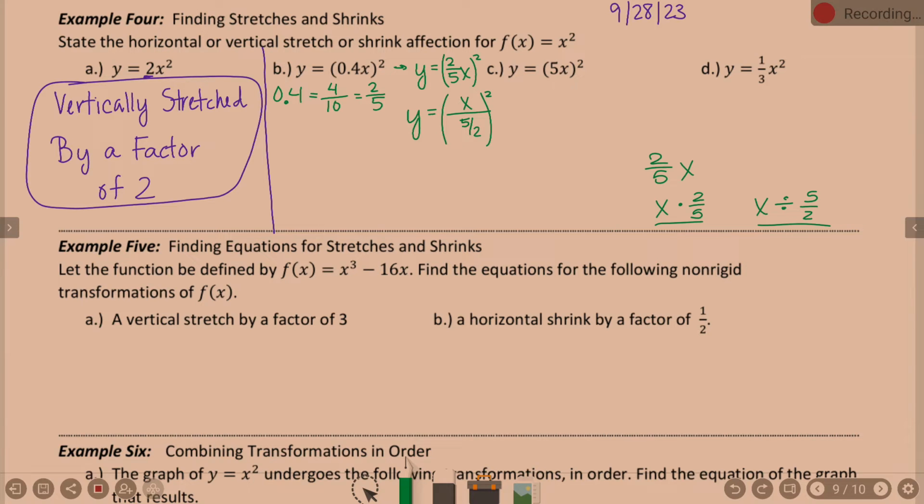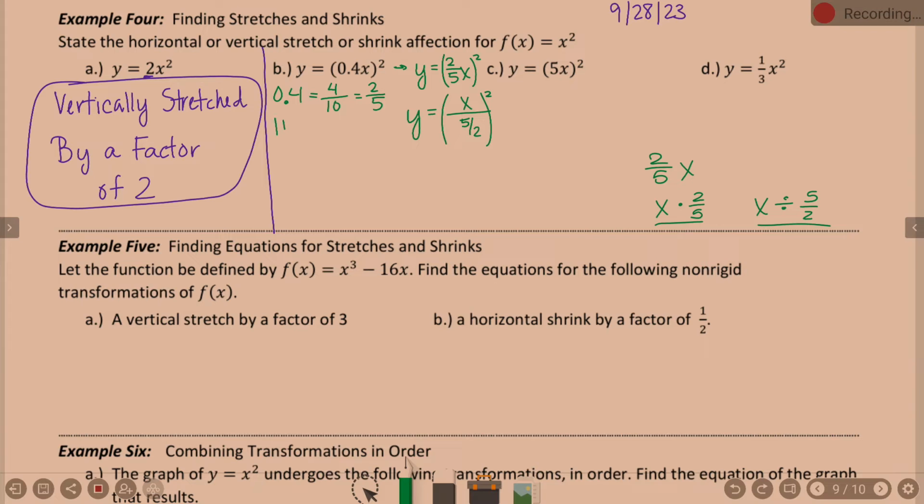A stretch. Okay. Yes, when it was multiplied by 2/5, 2/5 was less than 1. But here's the deal. This is x divided by 5/2. What do you know about 5/2? That is a number bigger than 1. So that's going to make it a horizontal stretch.